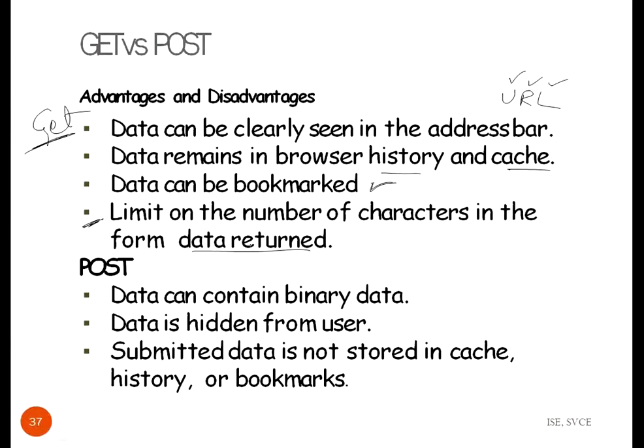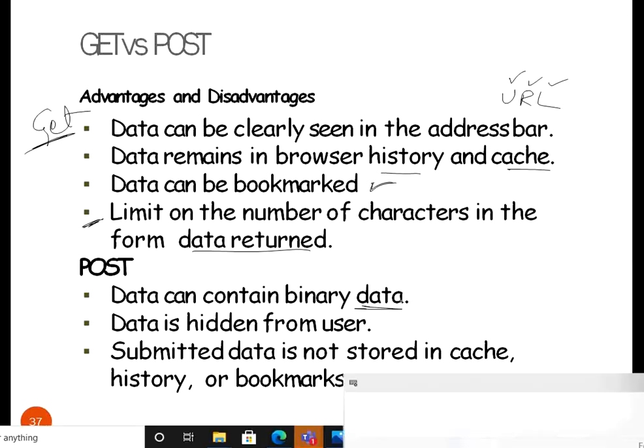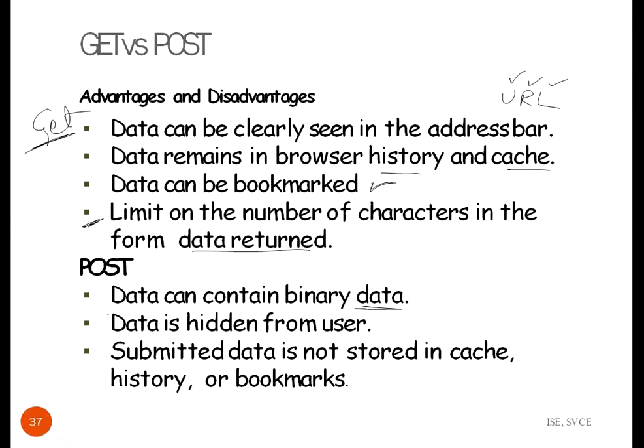Next, with respect to the post method, what are the advantages and disadvantages? Data can contain binary data. Normally the data can be represented using binary in the post method. Data is hidden from the user; it is not visible.